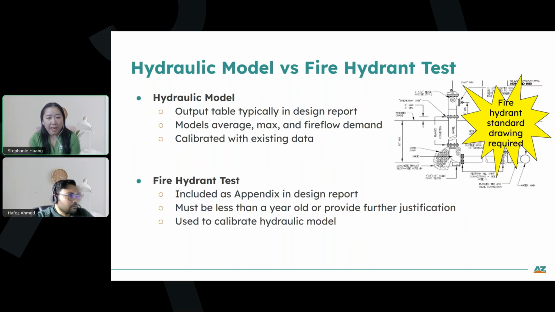The fire hydrant test is typically included as an appendix in the design report, and it must be less than a year old, or you need to provide further justification, and it's used to calibrate the hydraulic model. Just as an FYI, if your project has a fire hydrant, then you'll need to put a fire hydrant standard drawing in the construction drawings.